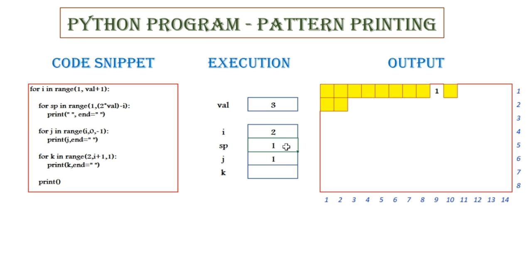So sp now becomes 2. 2 comma 4. So it is going to print two more spaces. Then the value of sp will be incremented by 1. So sp is now going to be 3. And it is going to print two more blank spaces.